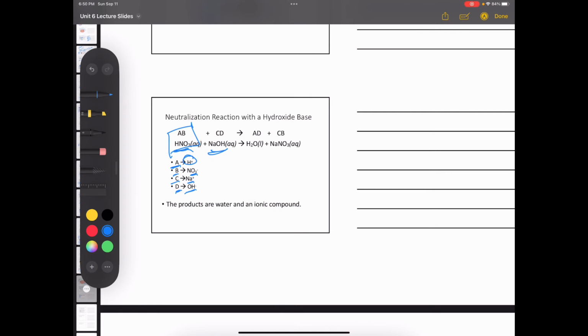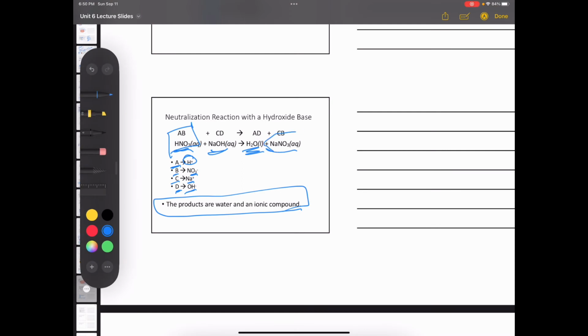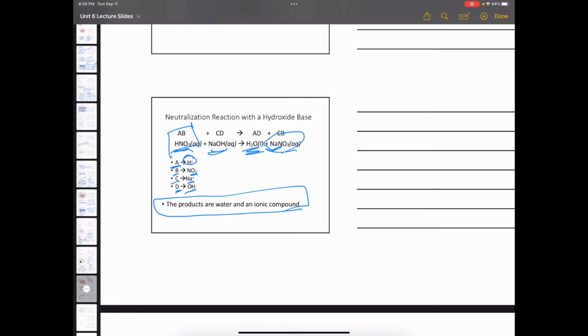Okay? The product is always water. So the products are water and an ionic compound. So water is always common in a neutralization reaction, and then you will have an ionic compound formed as well, something like NaNO3, right? NaNO3 is an ionic compound because sodium is from group 1 in the periodic table.